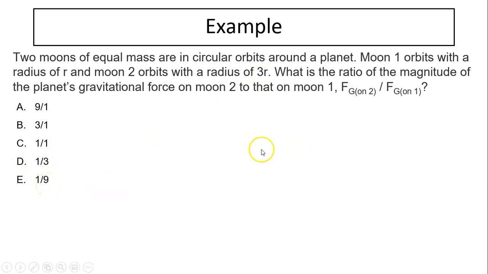But you know force is inverse squared to r, so it has to be 1/9. So Fg on 2 over Fg on 1 is the same as r1 squared over r2 squared. r1 is r, r2 is 3 times r, so it's 1/9.